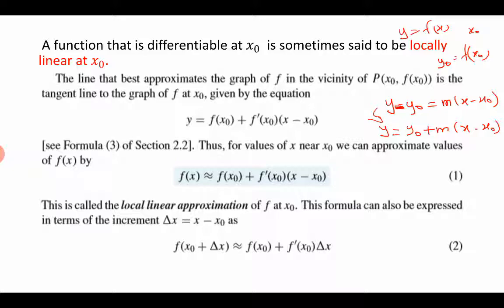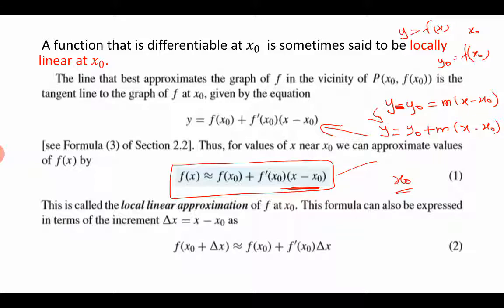When you replace y by f of x and y0 by f of x0, you get this equation, and that is the linear approximation of a function f of x at the given point x0. So when this term x minus x0 becomes delta x, you get this final form.